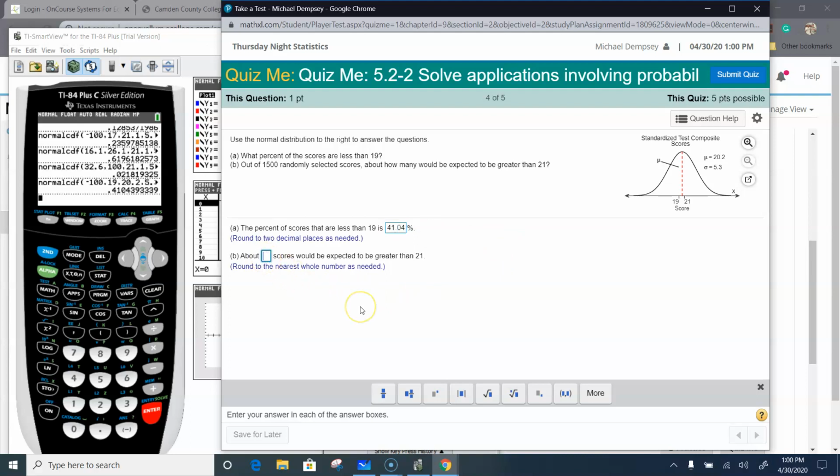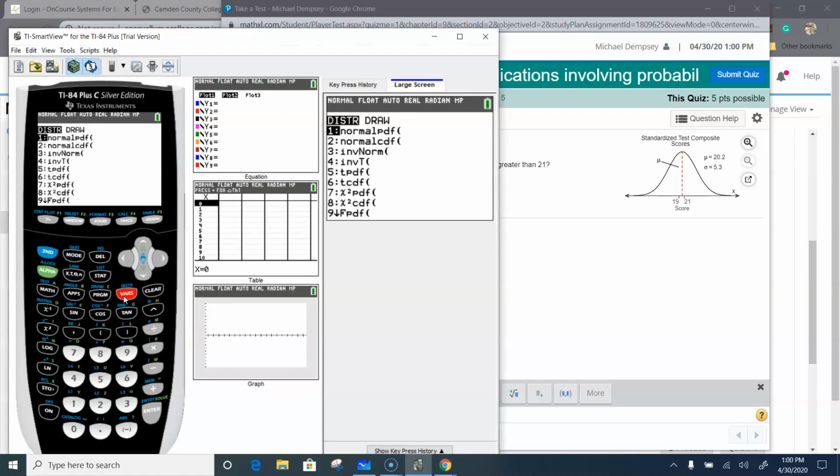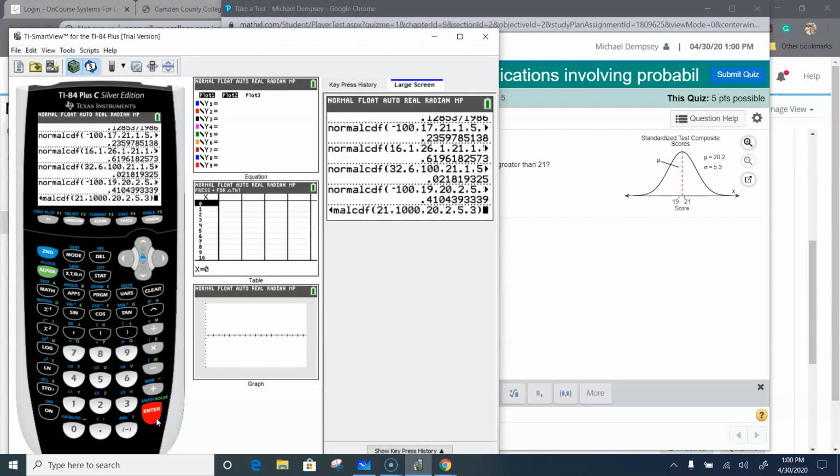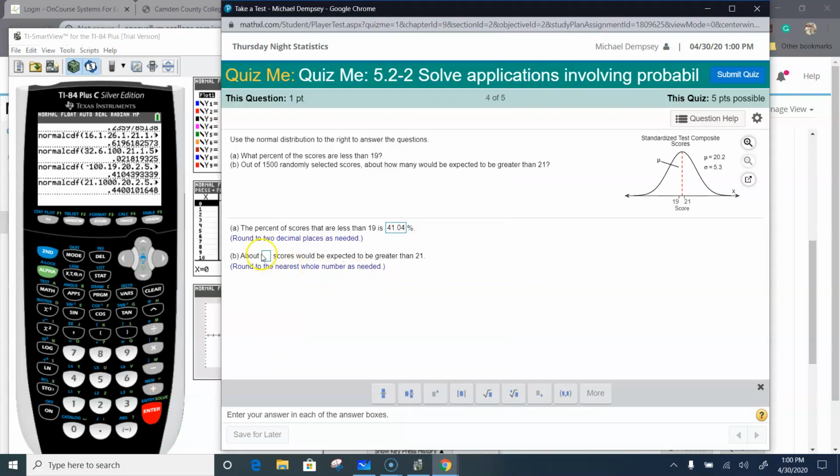About blank scores would be expected to be greater than 21, so we've got to do normal CDF again. Greater than 21, so we've got 21 here. Let's go to 1,000, let's go somewhere high. Mean and standard deviation don't change. 0.4400.